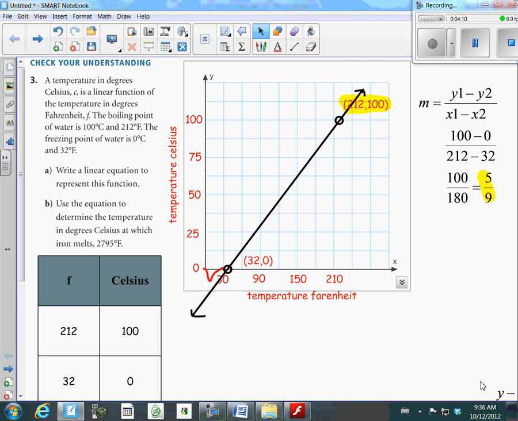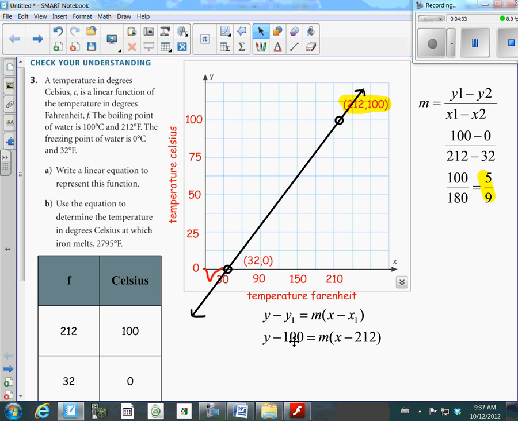So we pull out the formula we derived last day, y take away y1. So that's y as a variable, take away one of the y values, equals the slope multiplied by x, the variable, subtract the other x value. The x value and the y value must come from the 1 point.